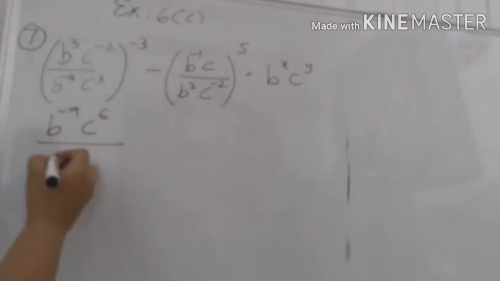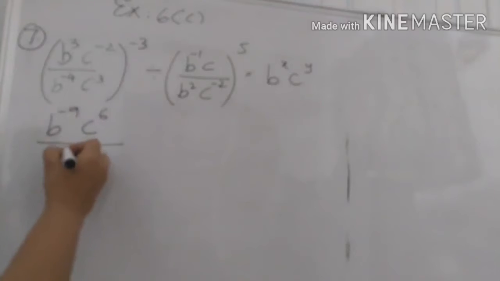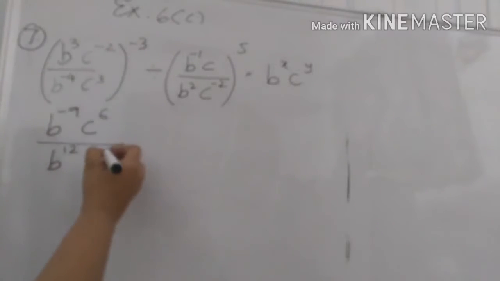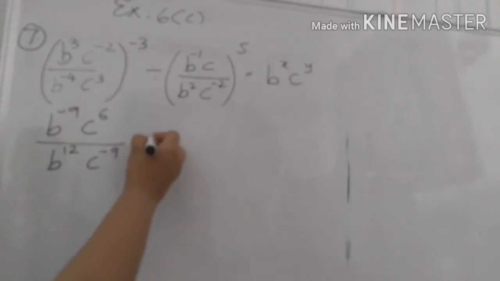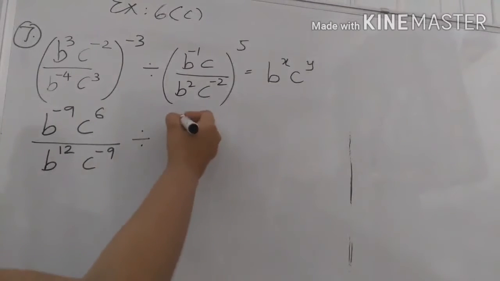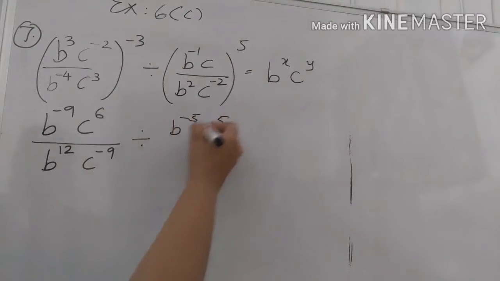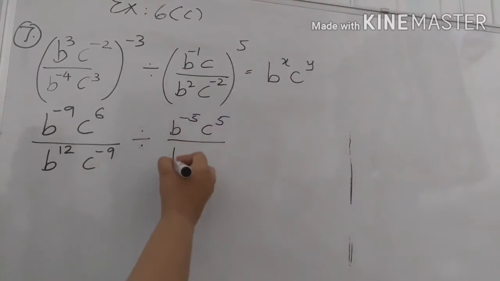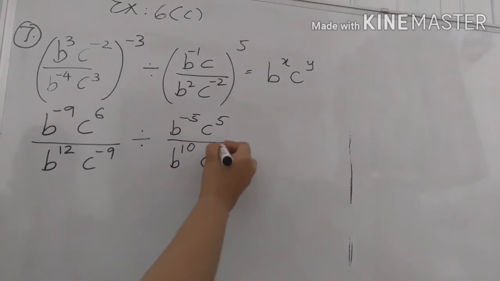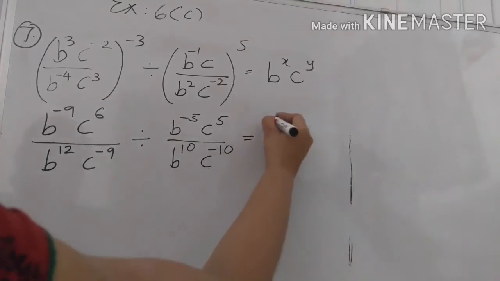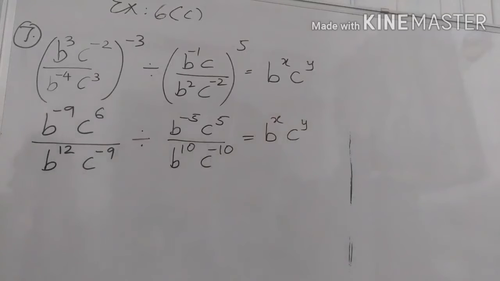In division, b raised to 4 3s are plus 12, c raised to 3 3s are minus 9. In division with, now next is b raised to minus 5, c raised to 5. In division, b raised to 5 2s are 10 and c raised to minus 10. Now the right hand side is b raised to x, c raised to y as it is.